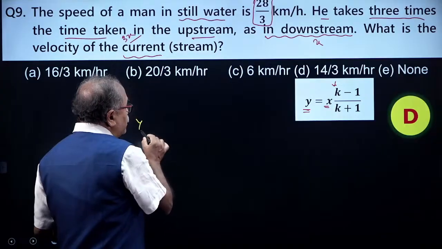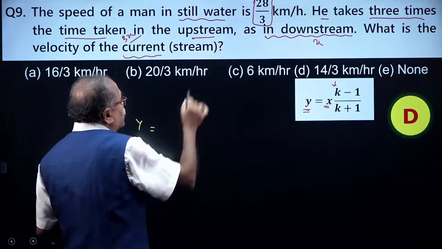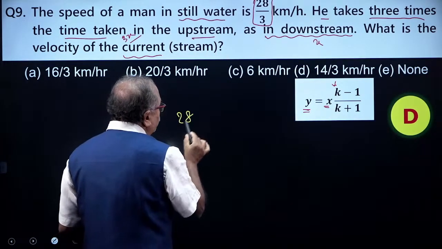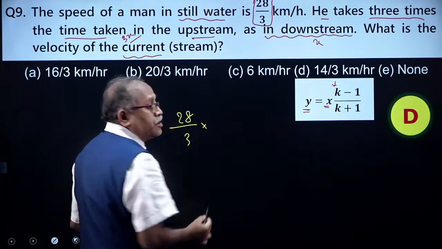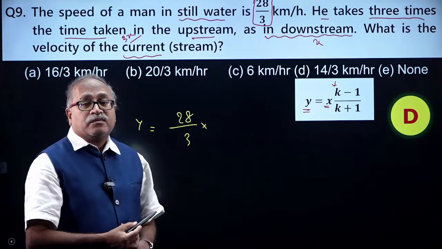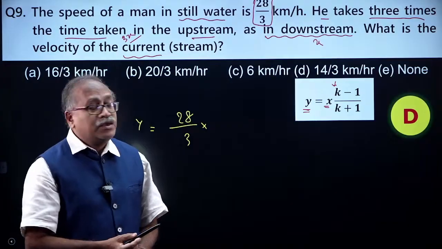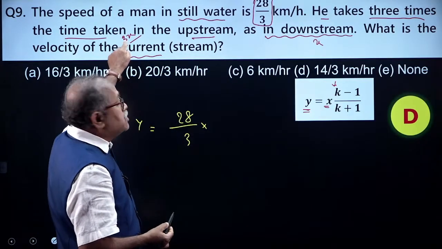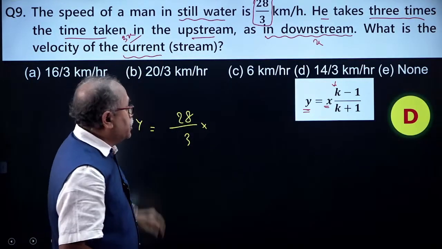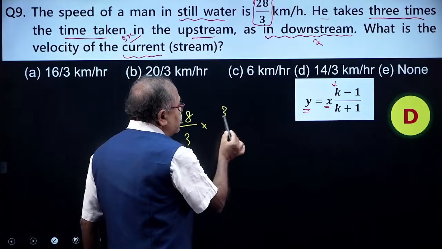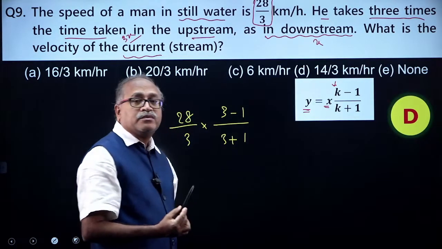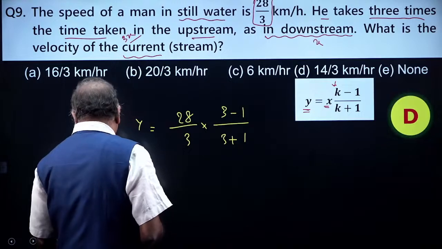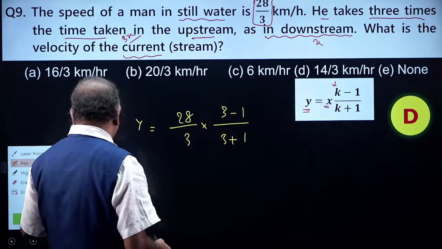So my requirement is y, which is nothing but x, that is 28, by 3 into (k minus 1) by (k plus 1). Here k is how many times? 3 times, 1 is to 3. So this is 3 minus 1 and this is 3 plus 1. So that is where you are getting the answer.